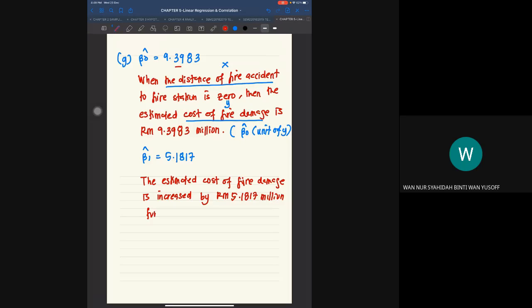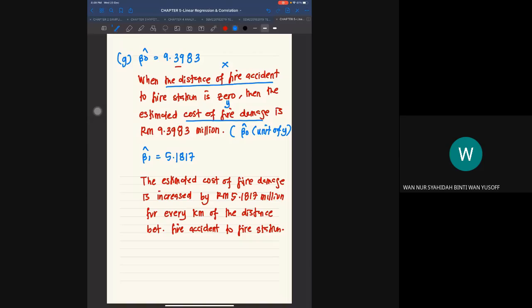Okay, for every, ada unit for the x? Kilometer. For every km of the distance between fire accident to fire station.